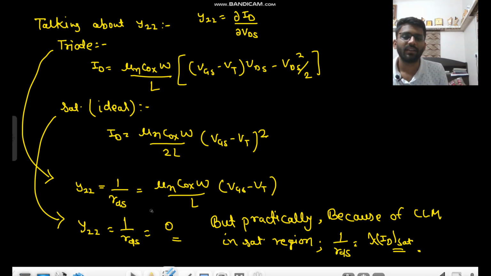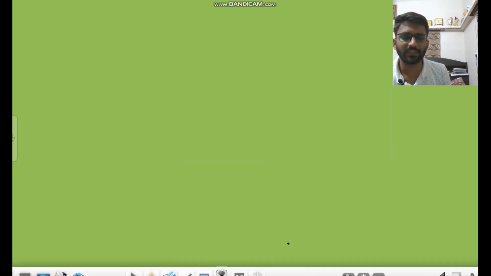I'm just telling that ideally it is 0, and Y22 is a quite high value, or what you can see here. There are more ways. We can see in more ways. The ID versus VDS curve we will draw.